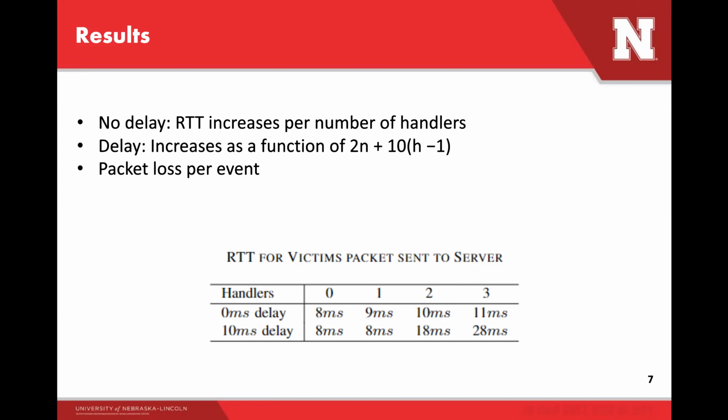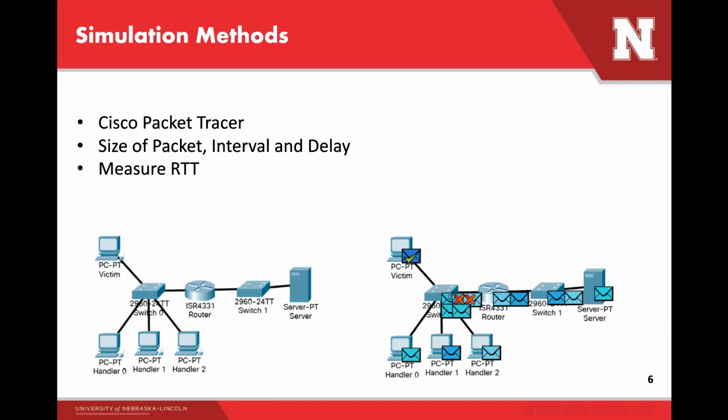This is expected due to the conditions of the simulation. So going back to our topology of the network, we can see from the victim's PC all the way to the server, we have 4 different links.